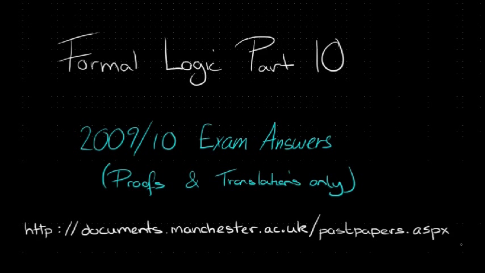You should get presented with 5 or so papers, and I'm looking just at the 2009-10 paper. I'm also just going to be looking at the proofs in QL and PL and the translations into QL from that paper. They're worth 60% of the mark, so that's a 2-1 there if we answer all of those right.